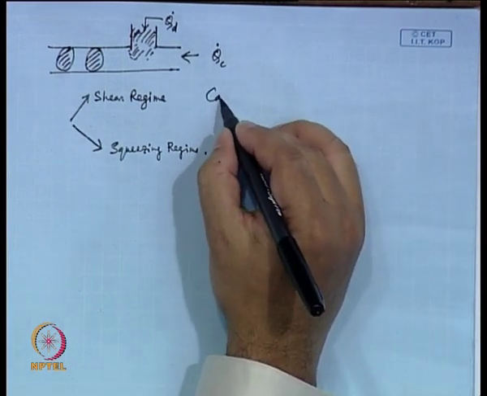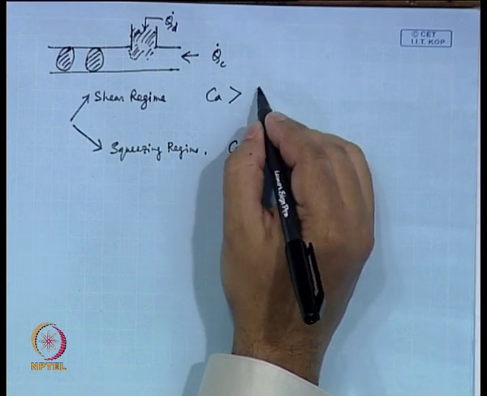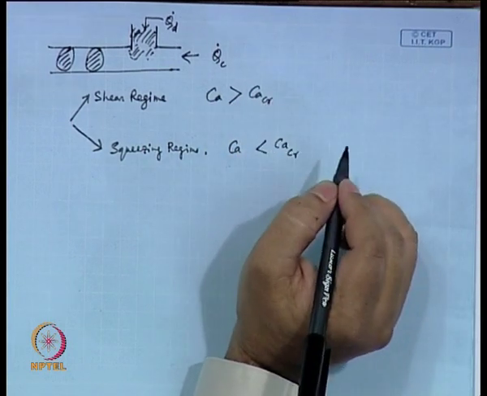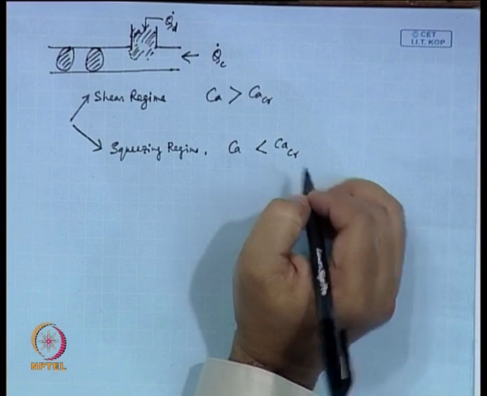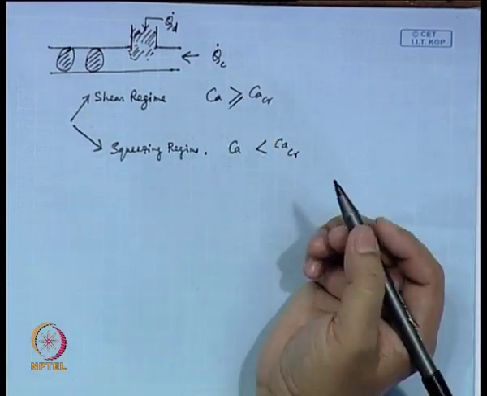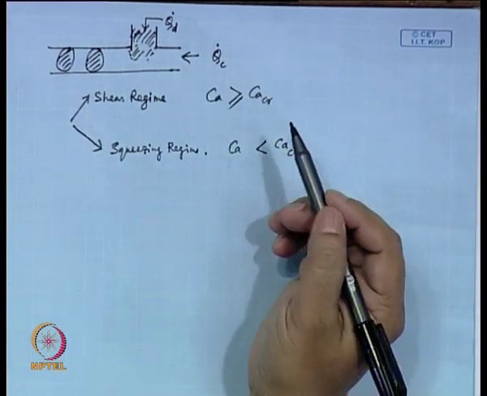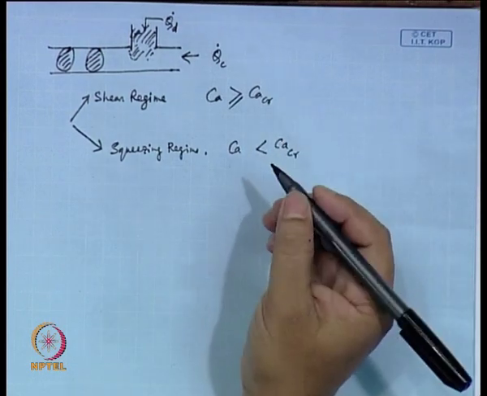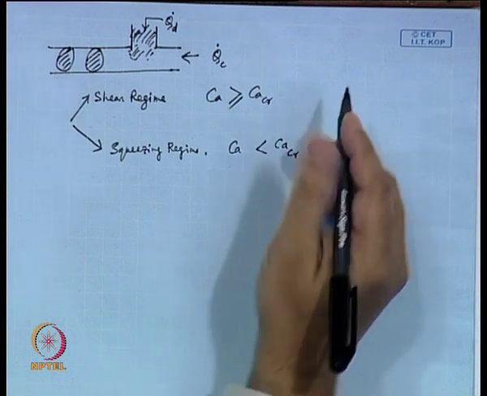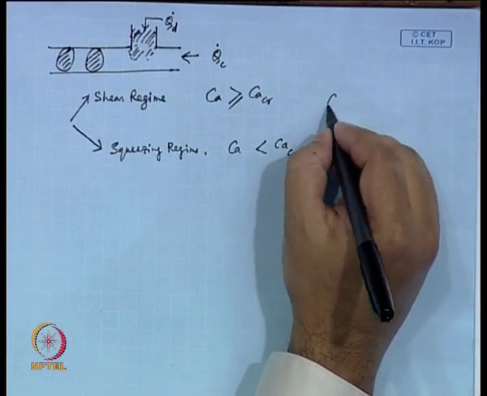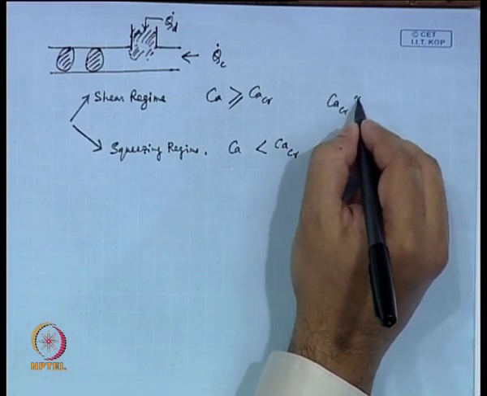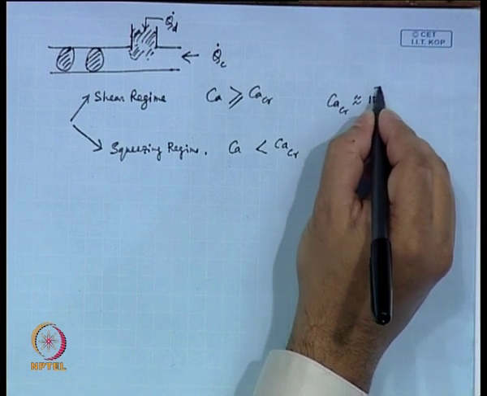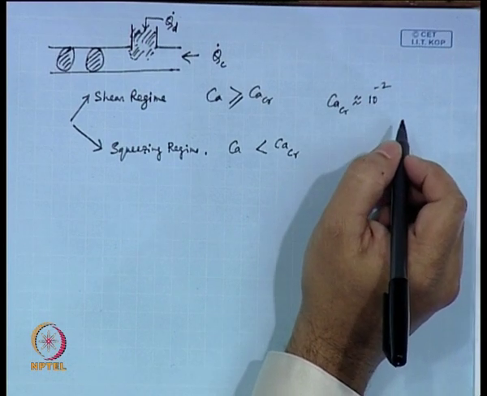On the other hand, if it is greater than critical, then it would be the shear regime. In fact, I should put an equal to sign somewhere, because then you may ask what if Ca equals Ca critical, how will you account for that. The critical capillary number typically has a value of 10 to the power minus 2.